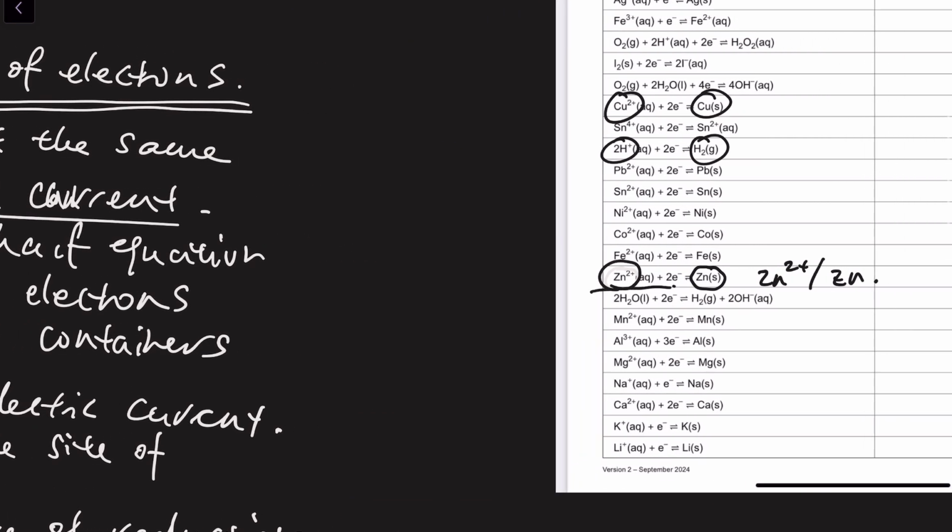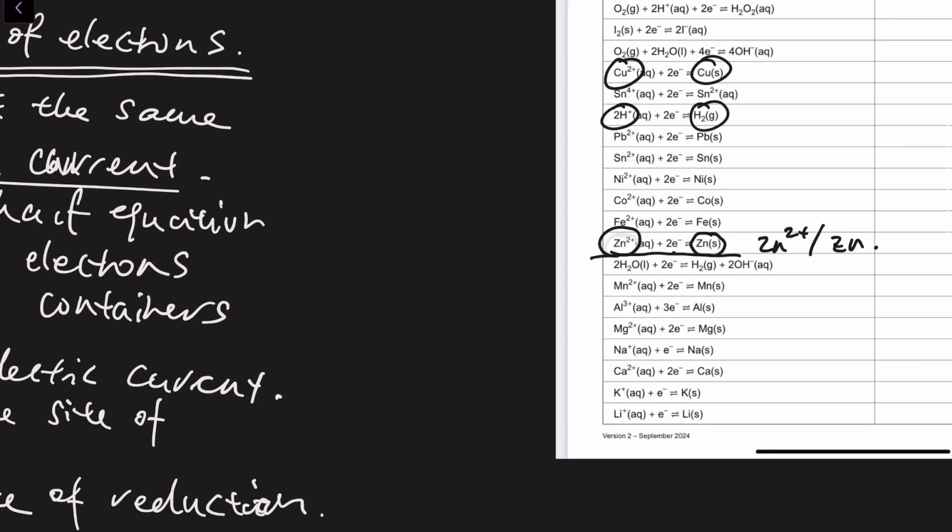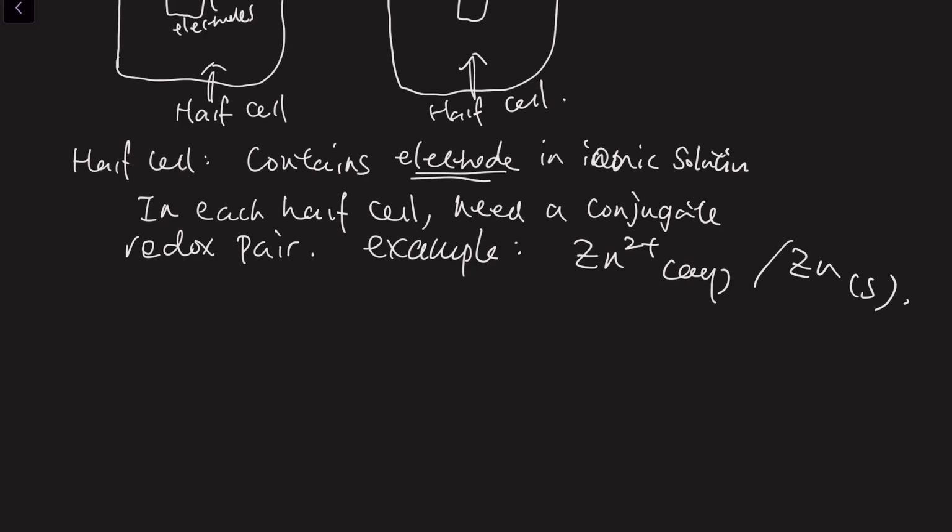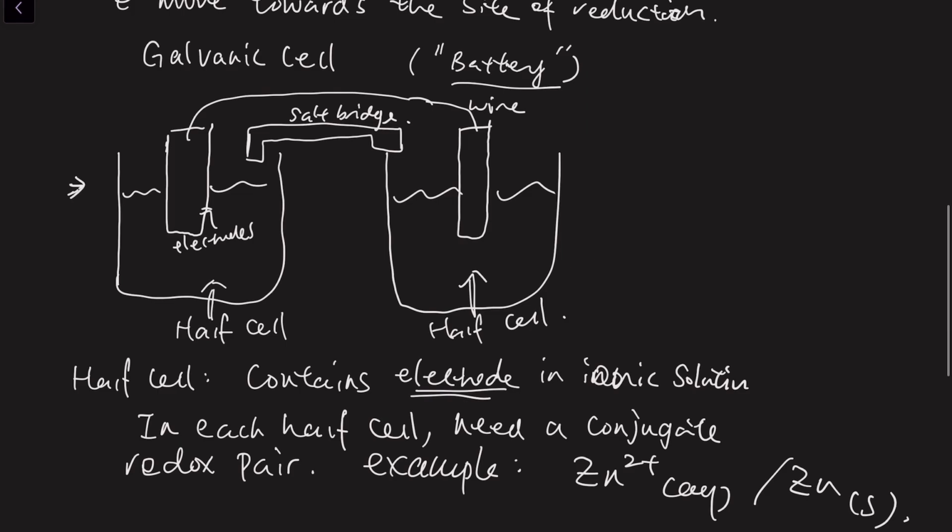Maybe we can use zinc as an example in our illustration. An example of a conjugate redox pair is the zinc ion and the zinc metal. So for this particular half cell, we can make the solution contain the zinc ion, and we can make the electrode zinc metal, because it is a very natural choice, since the conjugate redox pair actually involves a metal.